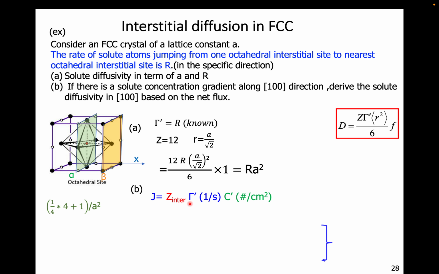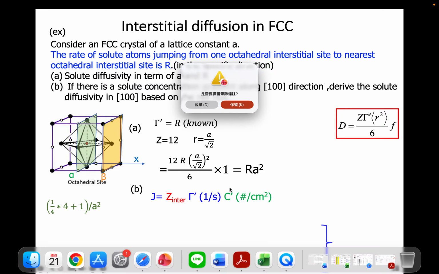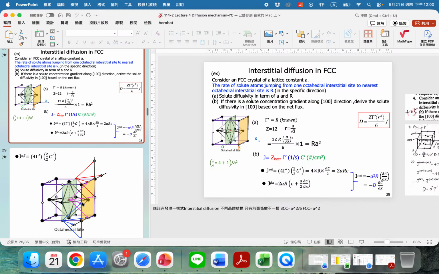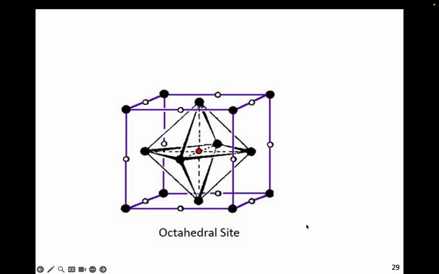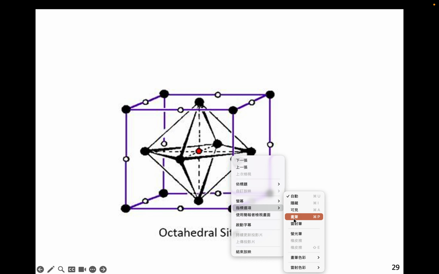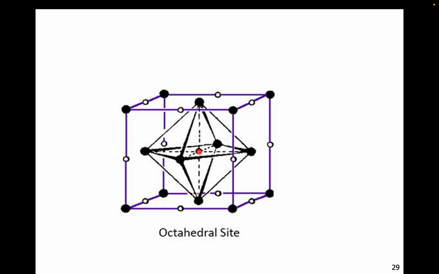Okay? Then next, we need to determine the possible jumping directions and check whether each octahedral interstitial site can make a successful jump to beta plane. So here, I just enlarged the crystal structure we have in the prior slide.